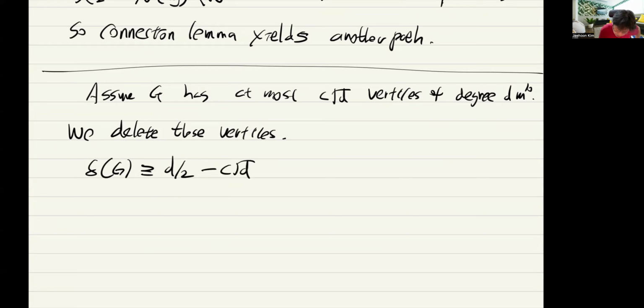And since d is large, the minimum degree is at least d over 3. The minimum degree condition is still fine.